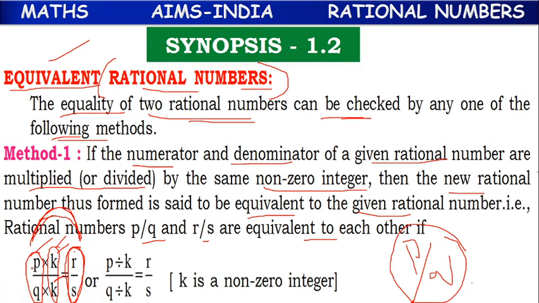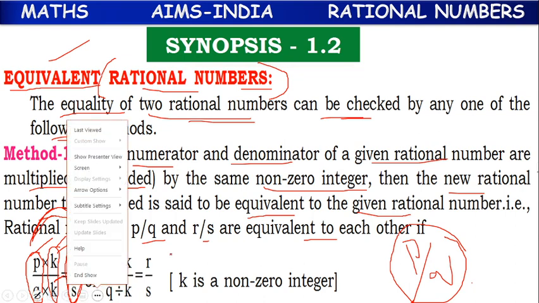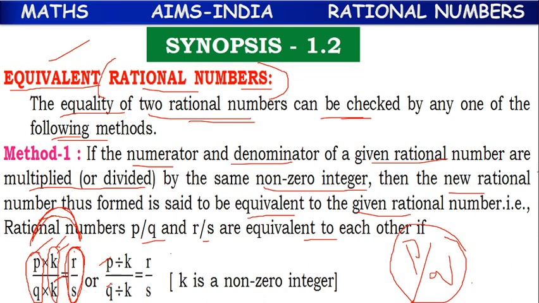Or, if both the numerator and denominator are divided by the same non-zero integer, then the resulting rational number is equivalent to the given rational number.